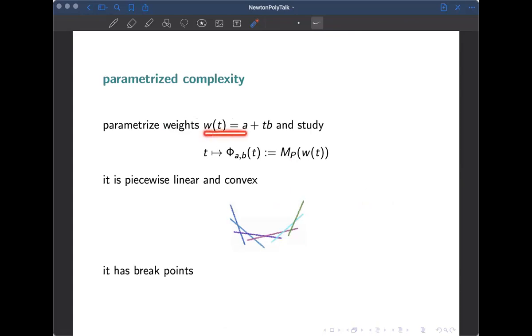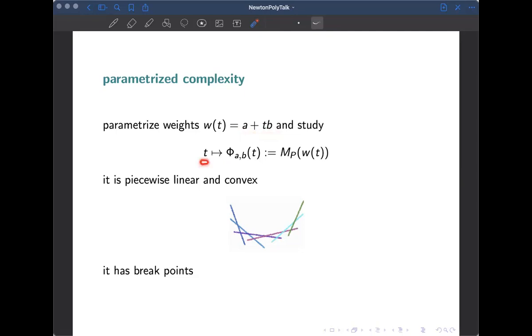We look on a one-dimensional space of weights. So we look on A, a vector A, fixed. We look on a vector B, fixed as well. And we allow to multiply B by some real parameter T, which I will call time. So at time T, there is some weight W of T. This is a vector in Rn.